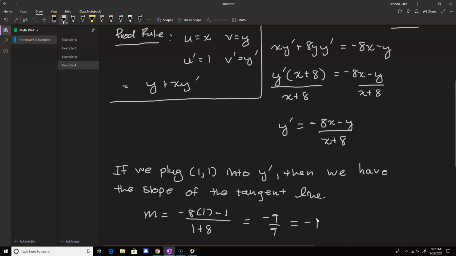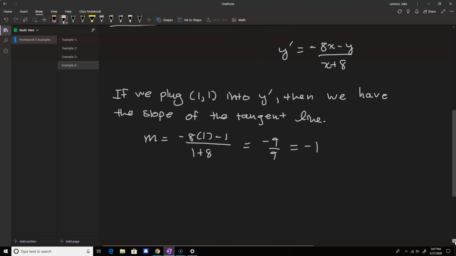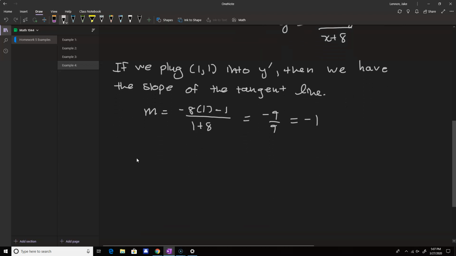Okay, so to find the equation of our line, we know our line looks like y equals mx plus b, which is just negative 1 times x plus b, and then plug in (1, 1), use our point again to find b.